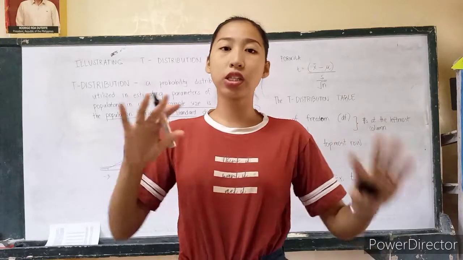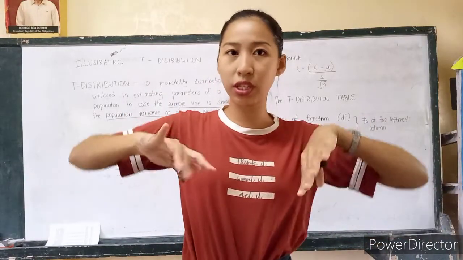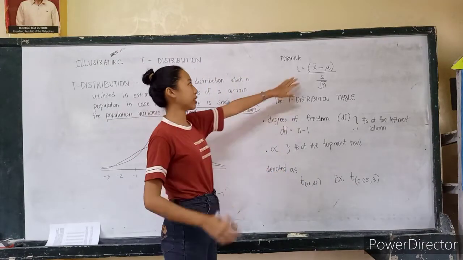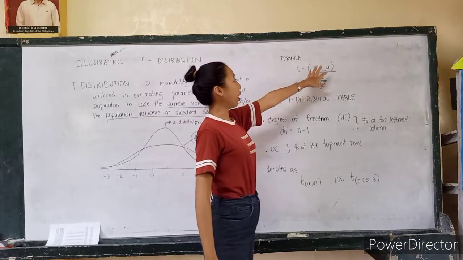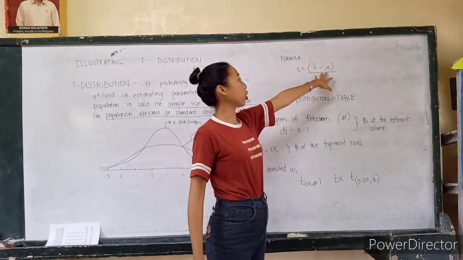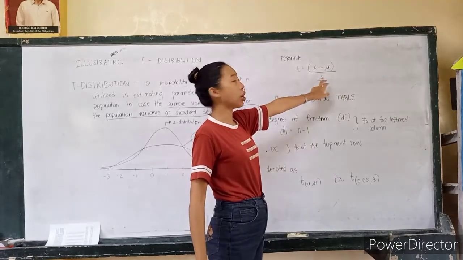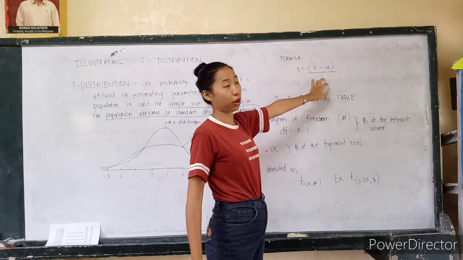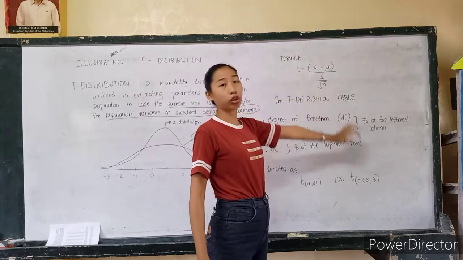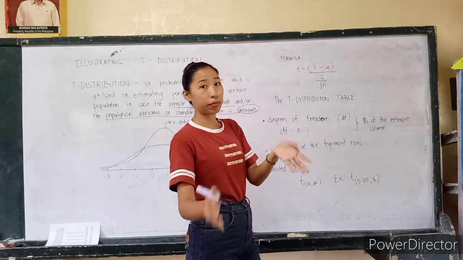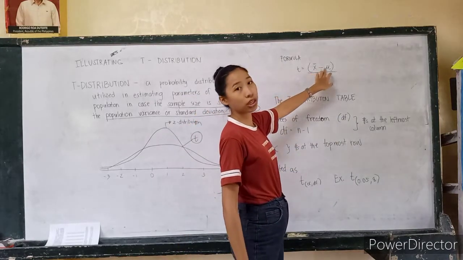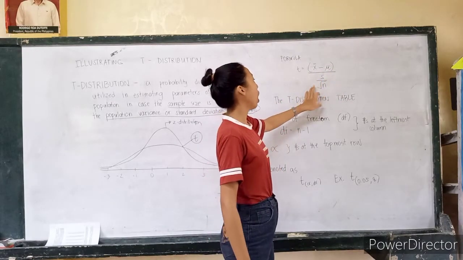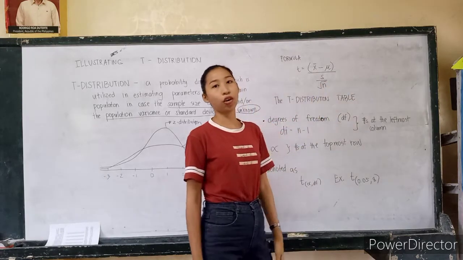Aside from that, it is more spread out in terms of your standard deviation. Now, the formula in looking for our t value is x bar, or sample mean, minus your population mean, mu, over the sample standard deviation, remember s, over the square root of n, or sample size. I will repeat: sample mean minus population mean over sample standard deviation over square root of n.